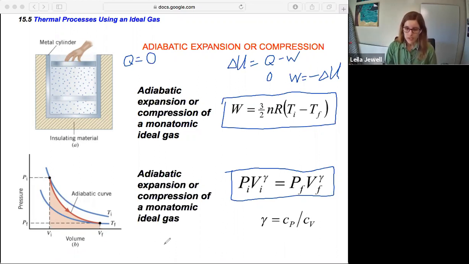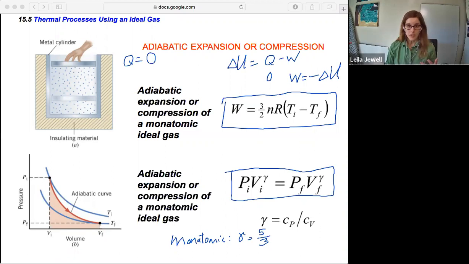But you'll be able to see that it'll depend on what type of gas we have. So if it is monatomic, it turns out that gamma comes out to 5/3. So that's if we have a monatomic ideal gas, you'll have to be very on top of that with your calculator of raising just the volume to this exponent.